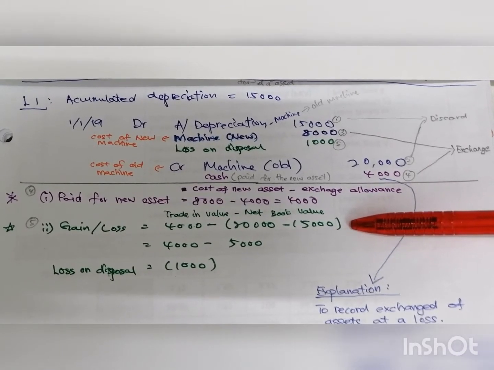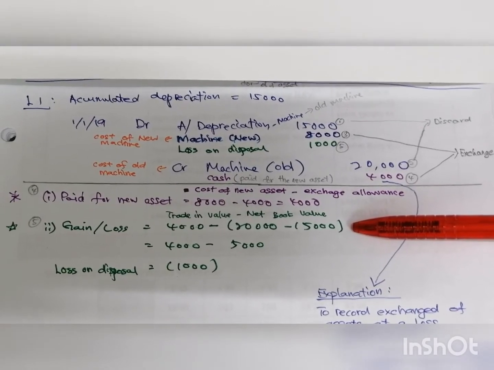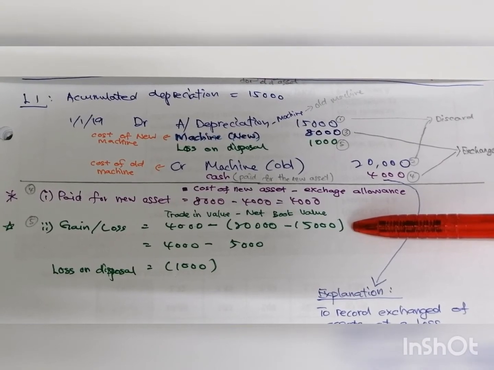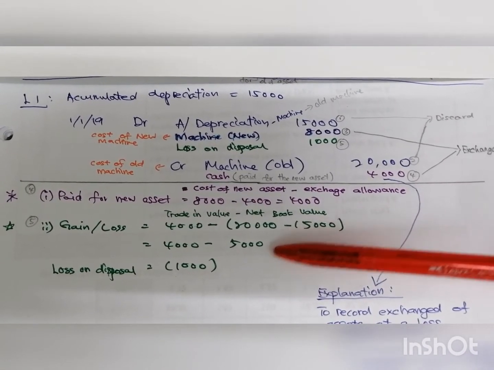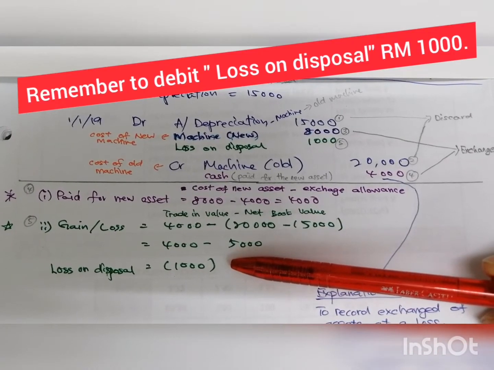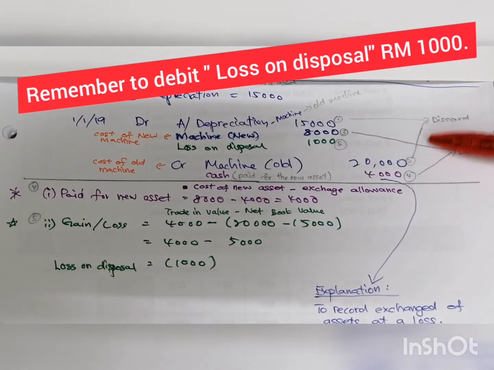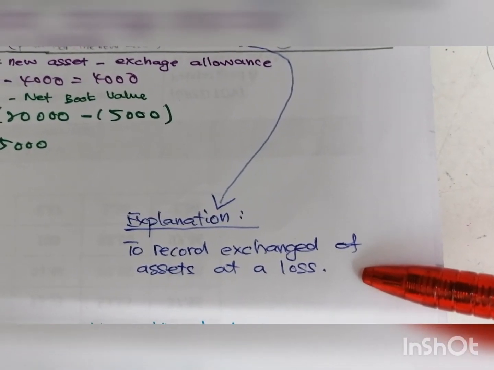So the trade-in value is 4,000 minus the net book value 20,000 minus 15,000, and we got 5,000. So 4,000 minus 5,000, that means we got loss 1,000. So the explanation for this journal is to record exchange of assets at a loss.